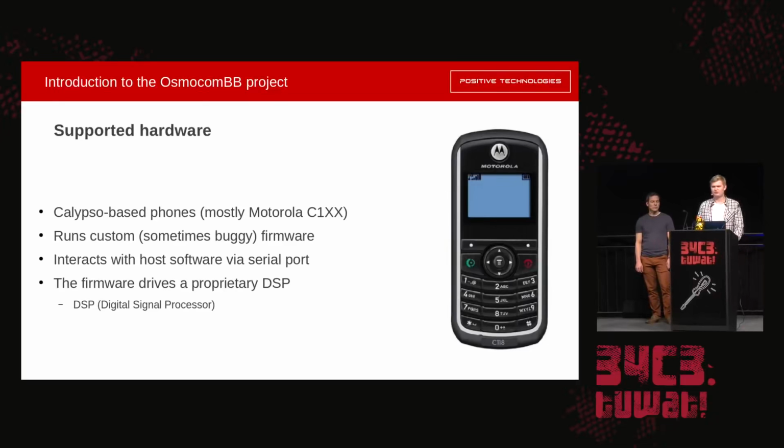Such phones run custom firmware, which represents layer 1 of the GSM stack, and this firmware interacts with the host software via a serial link. The problem is that this firmware doesn't do many things. It mostly drives a proprietary DSP.